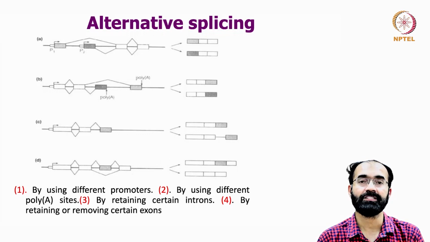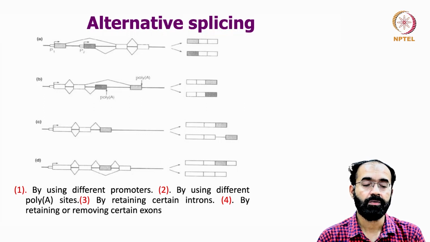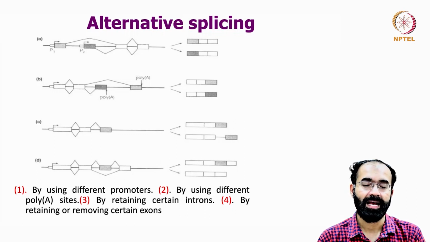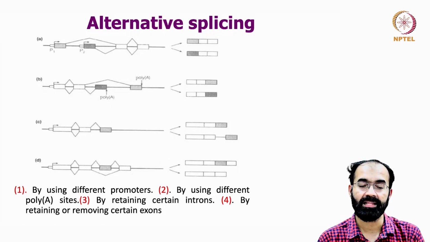Remember, exon 1 and exon 2 are identical, exon 3 is unique. Now, the same promoter is driving the transcription, but it did not use this polyA site. It skipped it, somehow missed it, some protein masked it, and the transcription continues and encounters another exon, and downstream of that it has another polyA site.